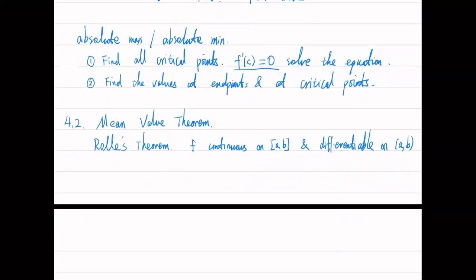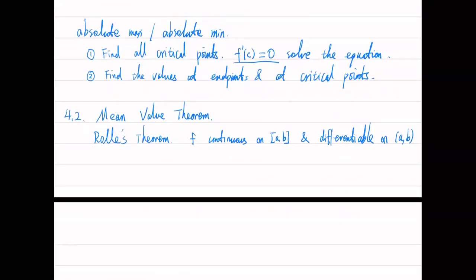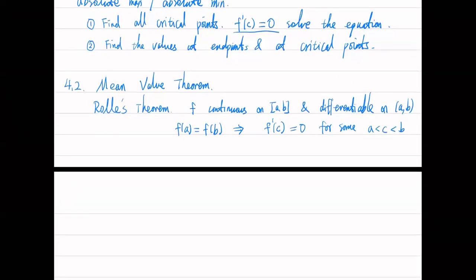Okay, so besides continuous and differentiable, we have another assumption: f(a) = f(b). The conclusion is that at some point the derivative must be zero. First, what's the condition?